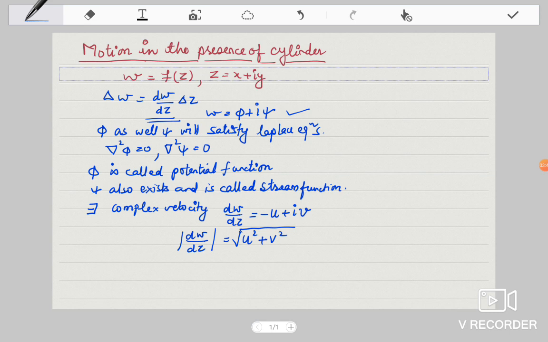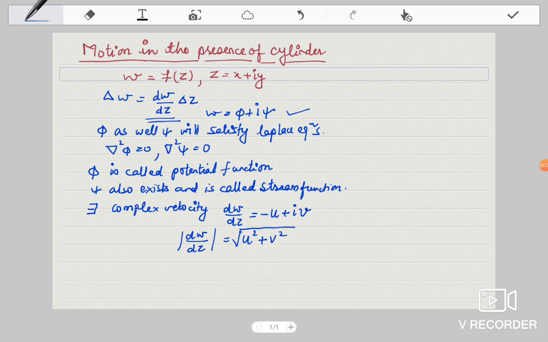The same technique will be used in studying the motion in the presence of a cylinder, in which we will define a w, and then we will find what the streamlines are, what the potential lines are, what the velocity is, what the stagnation points are, or what forces are present in the flow or acting on the cylinder.